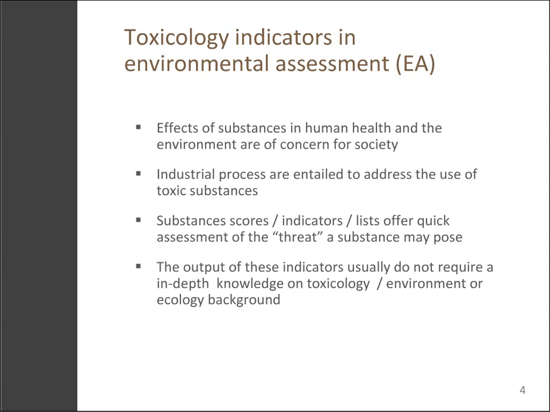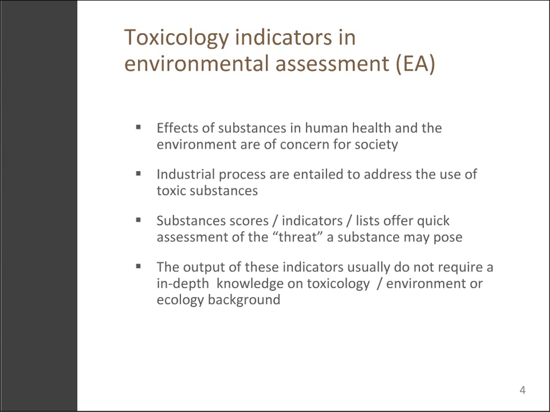Of course, in industrial processes, the use of toxic substances or substances that may imply a concern is common and is one of the main things to address when we assess the environmental impact of an industrial process.